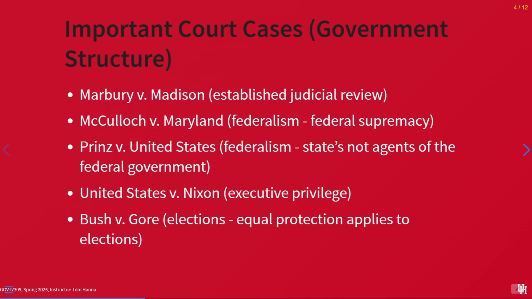And Congress had passed a law that had made this particular kind of writ of mandamus that Marbury sued for, had given original jurisdiction to the Supreme Court over the issue rather than appellate jurisdiction.